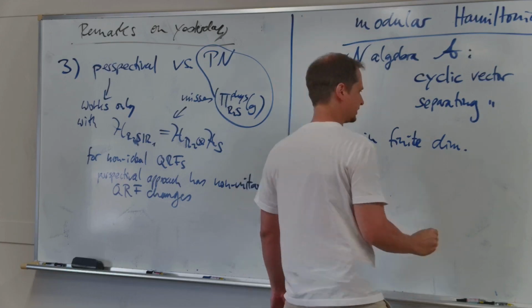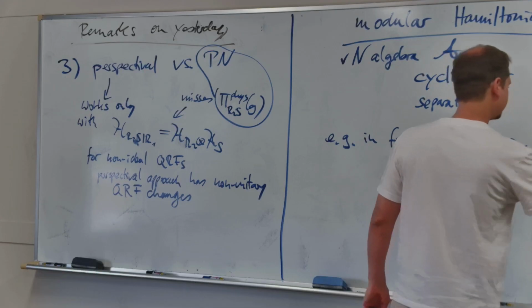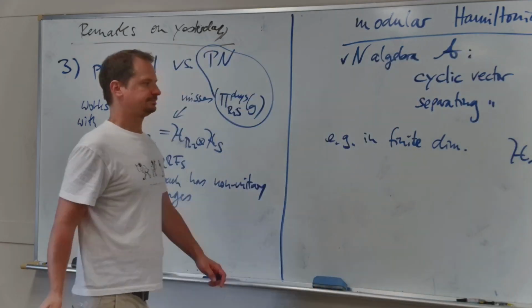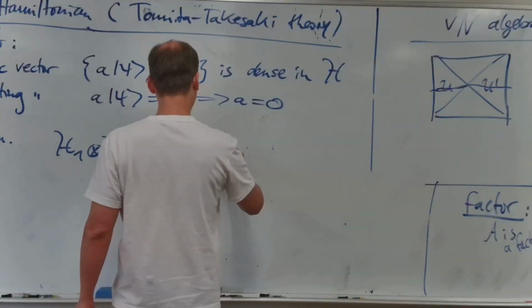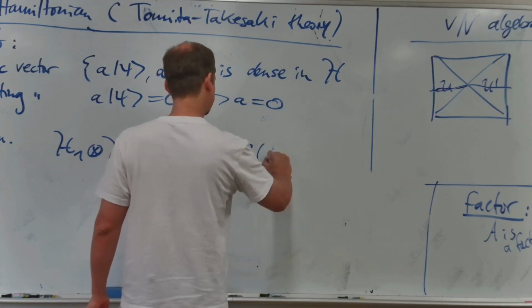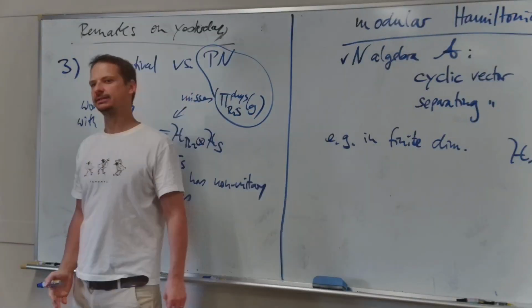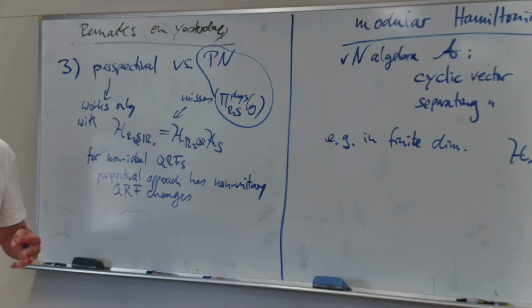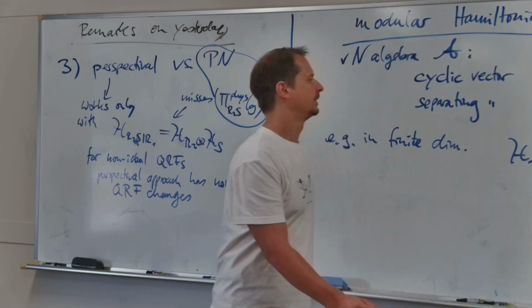So you could, for instance, consider a Hilbert space 1 and 2, and I can have now A_i to be the full algebra of bounded operators on either Hilbert space. It's also a von Neumann algebra, in fact. It obeys all the things that I told you yesterday.